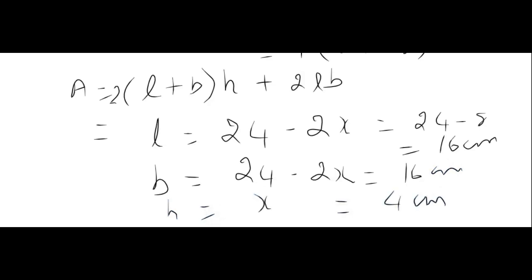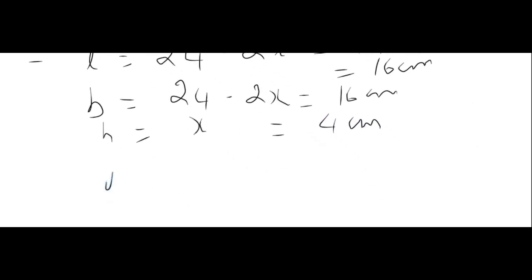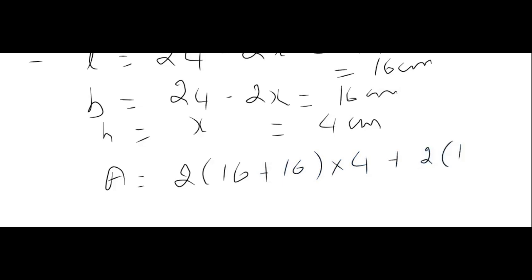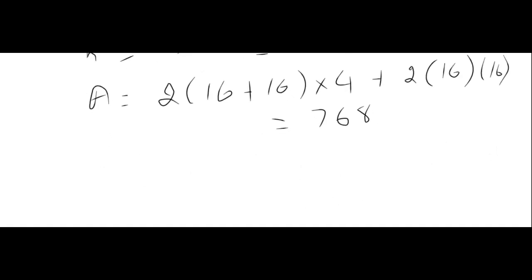So now substituting in this, we get A to be equal to 2 into 16 plus 16 into height, which is 4, plus 2 into 16 into 16. On calculating this, we get it to be 768. Now the rate is given as 5 rupees per centimeter square.